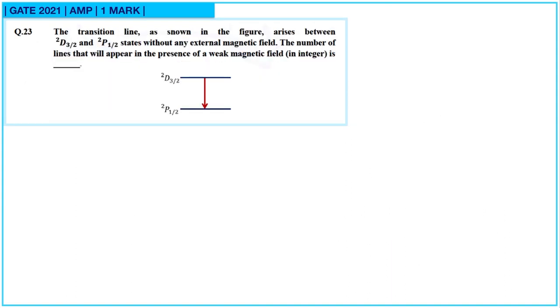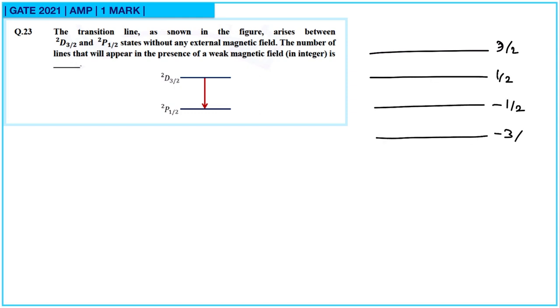Next question. The transition line as shown in the figure arises between 2D 3/2 and 2P 1/2 states without any external magnetic field. The number of lines that will appear in the presence of a weak magnetic field is. Now in a weak magnetic field, this is the anomalous Zeeman effect. So 3/2 to 1/2, the transitions are 6. Or you can check it. The possible energy levels are 3/2, 1/2, minus 1/2 and minus 3/2, and this state is 1/2 to minus 1/2.